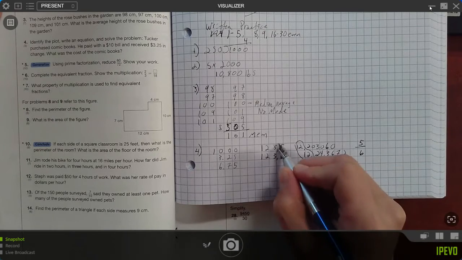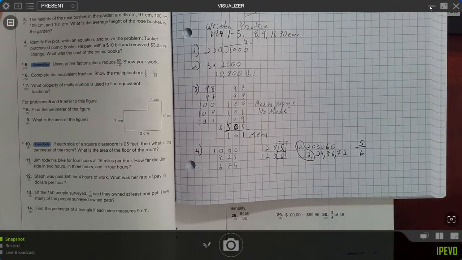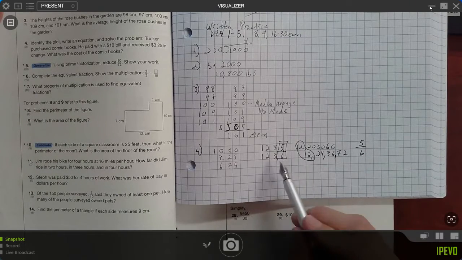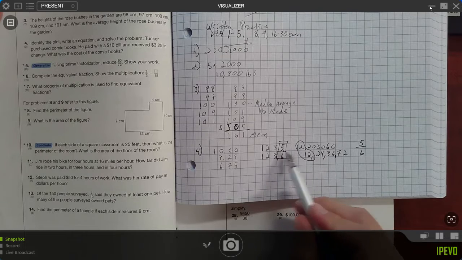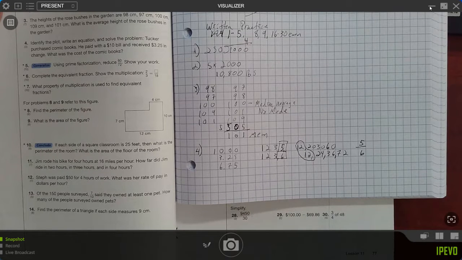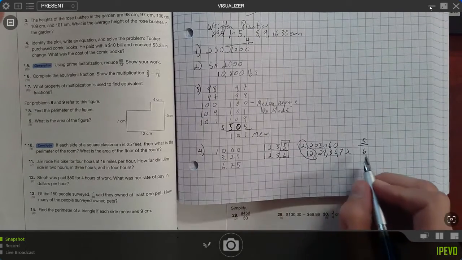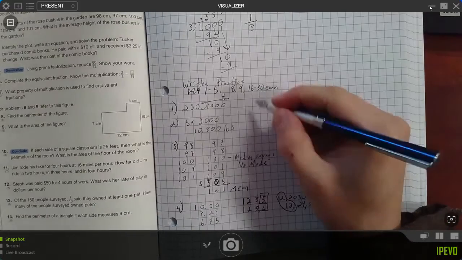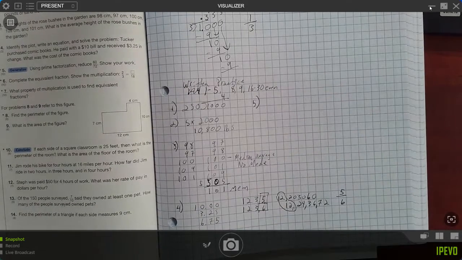So this turns into my fraction. That's why the factorization is really helpful. 12 goes into this 5 times, 12 goes into this 6 times. And there we go. We have now reduced it to 5/6. All right, that was 5.